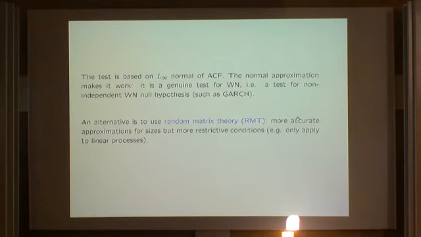So this is the attempt we came up with. It's not ideal because we compromise a lot in a way. But what's remarkable about this random matrix theory is the approximation provided for the level is much, much more accurate than the normal approximation.